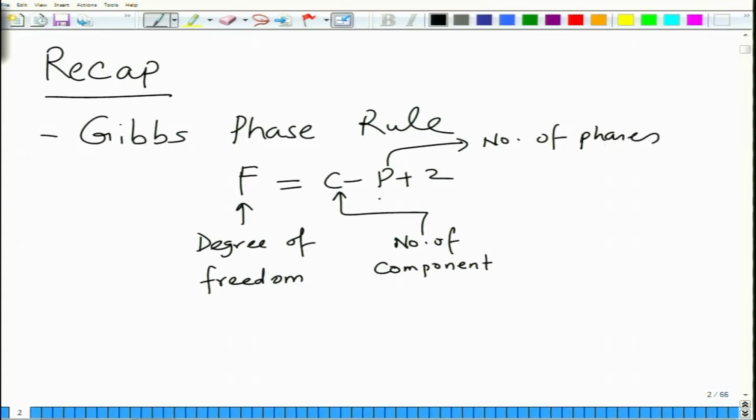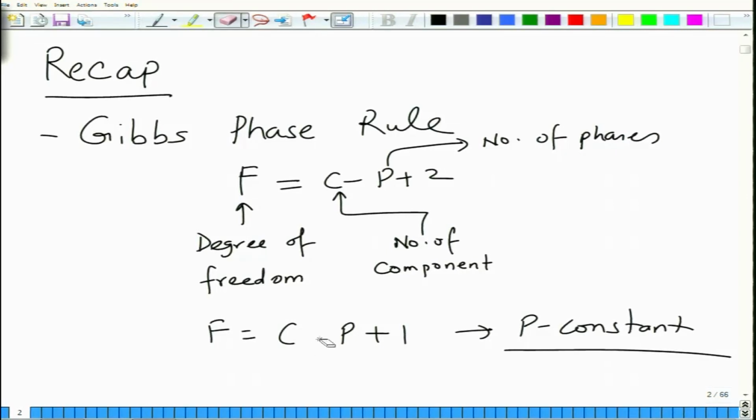So it is C minus P plus 2, and this 2 comes from pressure and temperature. In many material systems, as a general rule, F is equal to C minus P plus 1, because pressure is constant. So this is the modified rule.